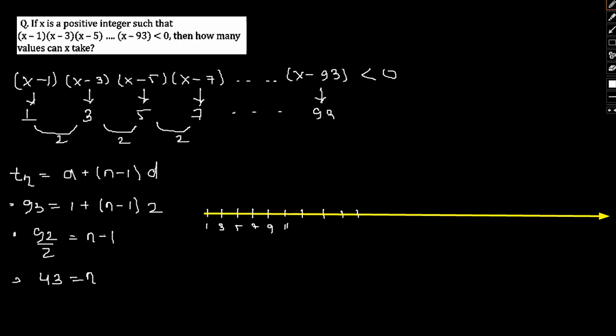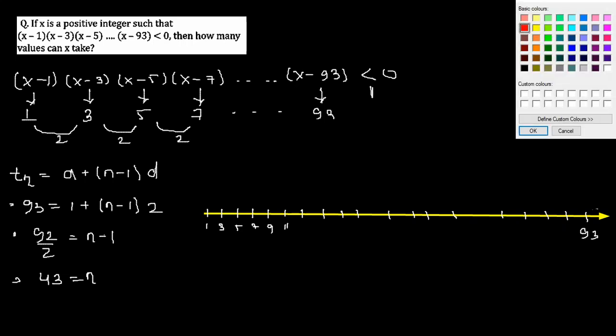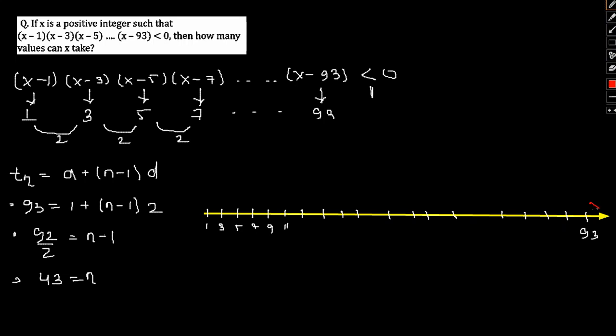This will continue going on till we have the last point 93. All these numbers will be there. Since it's given it is less than 0, we'll start off by placing a cross on the rightmost side.